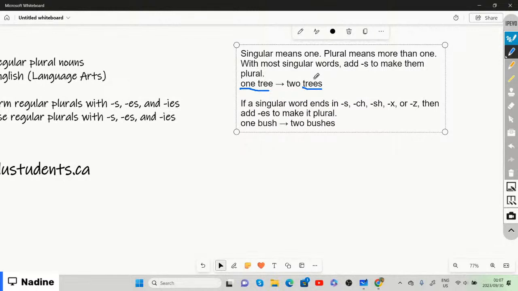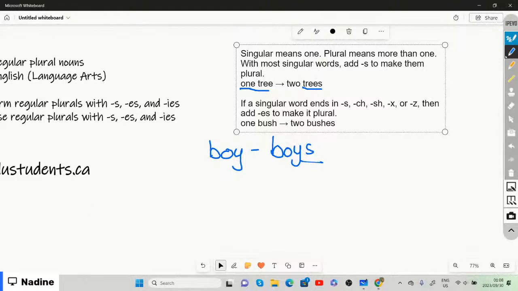If we think of a few more examples of nouns that end with an S, we can think of boy. The singular form is boy, but if we want to make mention of more than one, what are we going to say? Then we will say boys, and we just added the S.